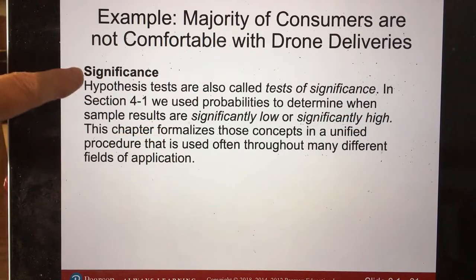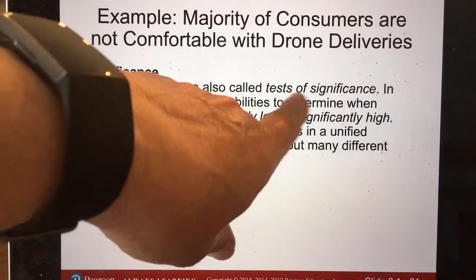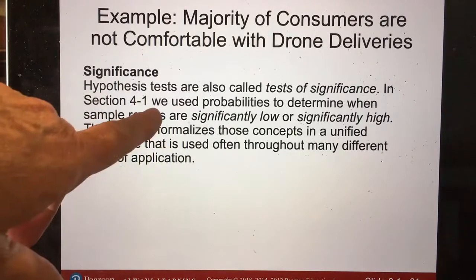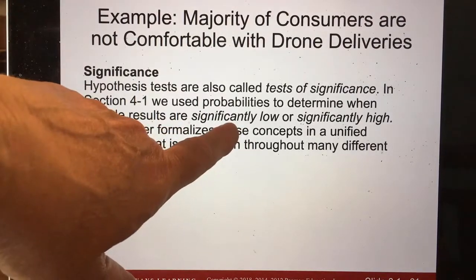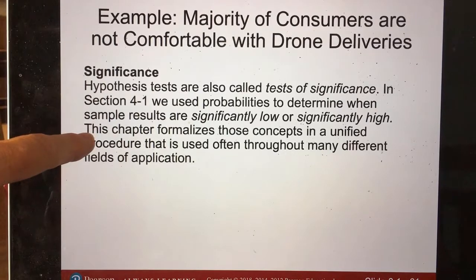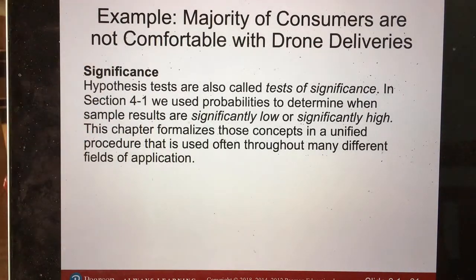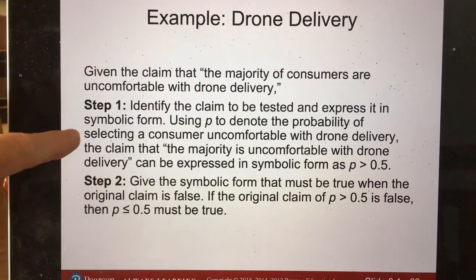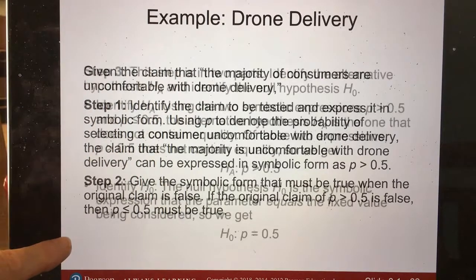So then the significance is what test of significance is what hypothesis tests are also called. Now we use probabilities to determine if sample results were significantly low or significantly high back in section 4.1. This chapter formalizes those concepts in a unified procedure. So again, this is an overview of what we're talking about. And then they're stepping you through step 1, step 2 with the drone delivery here.